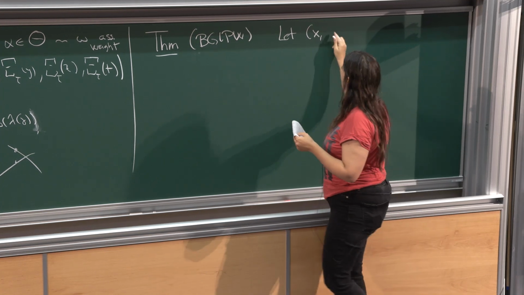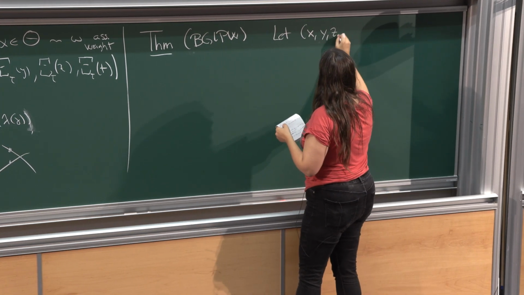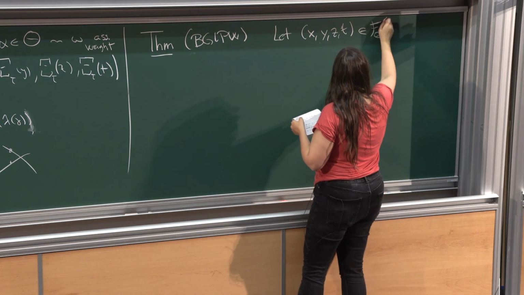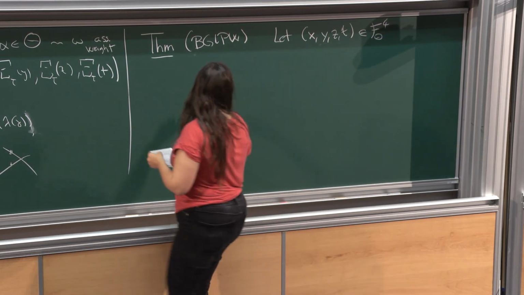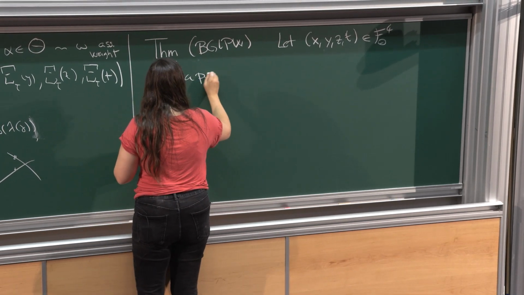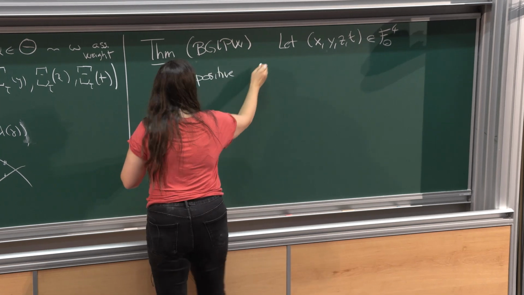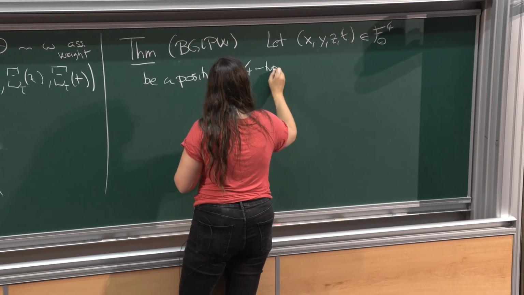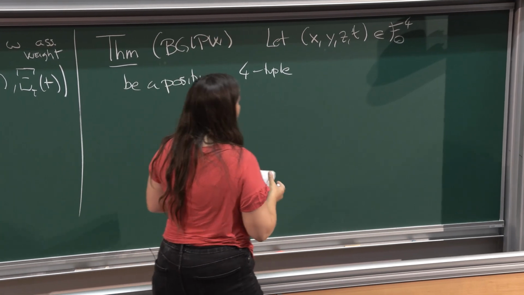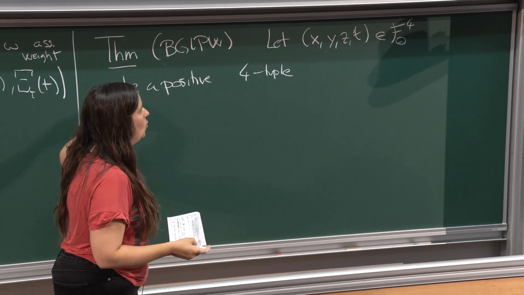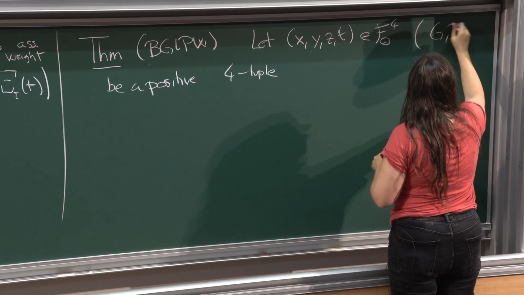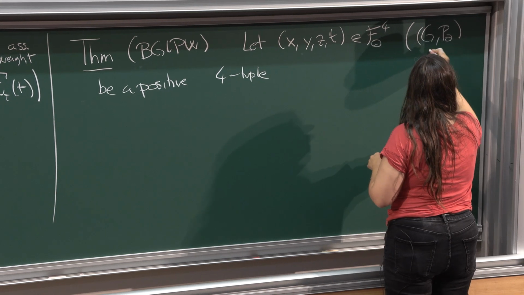So if I have 4 points x, y, z, t in F_theta to the 4 that form a positive 4-tuple, here I'm assuming that I have a G, P_theta, a theta positive pair.